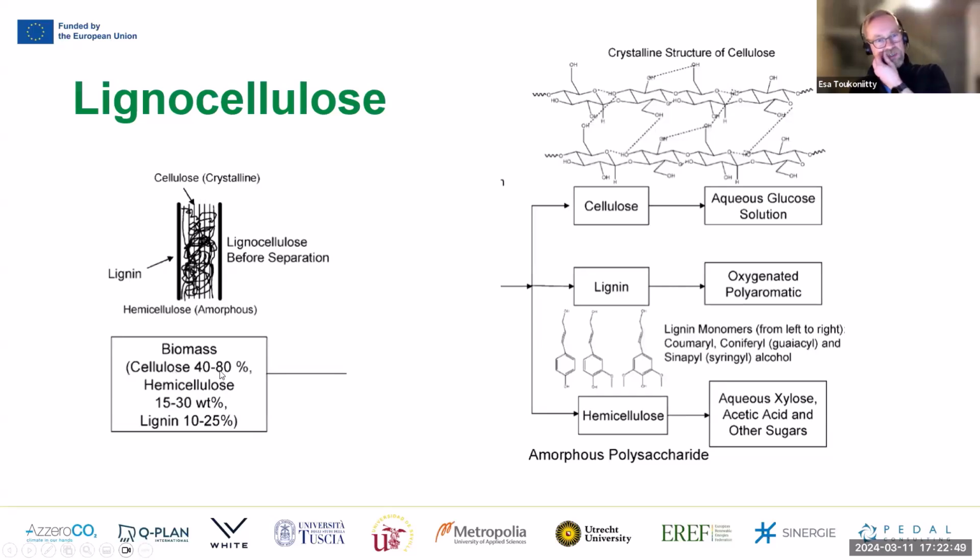These percentages vary quite a lot, but cellulose is the main component based on mass, from nearly half up to 80% can be the cellulosic material. Hemicellulose 15-30 weight%, and lignin is 10 to 25%.